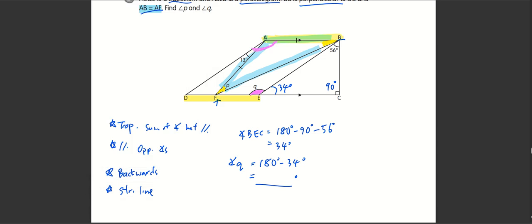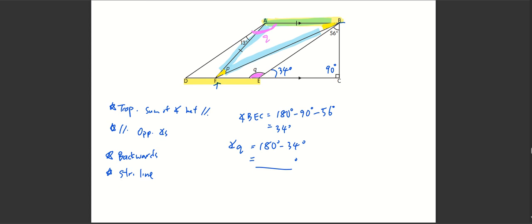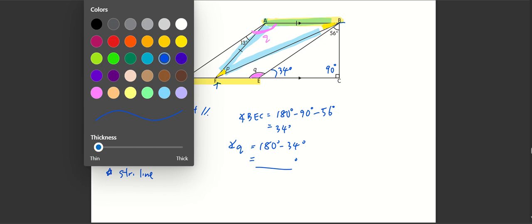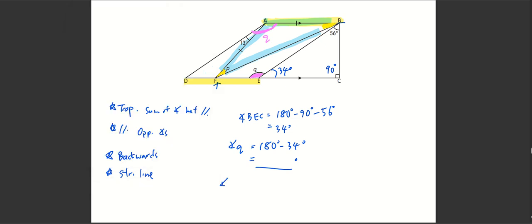This angle is the same as angle Q because of the opposite angle. So that's the same as Q because of the opposite angle in the parallelogram. Okay, so which means angle BAD is equal to angle Q, which is found in the earlier step.